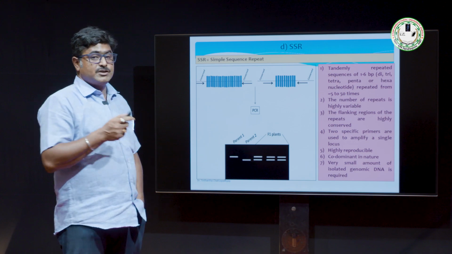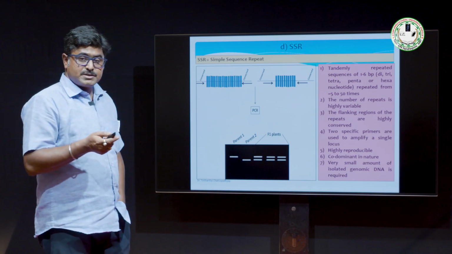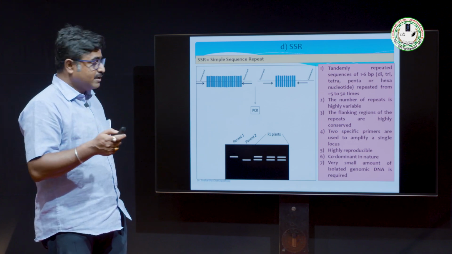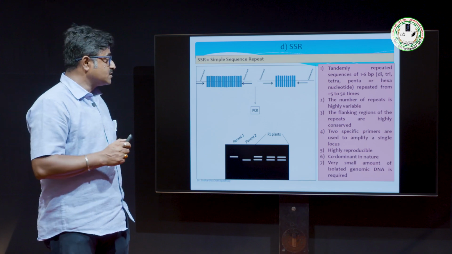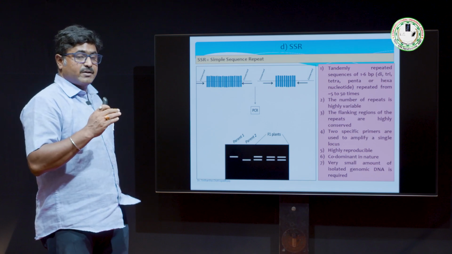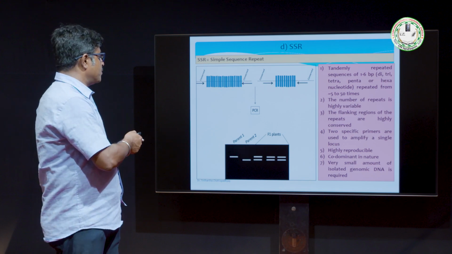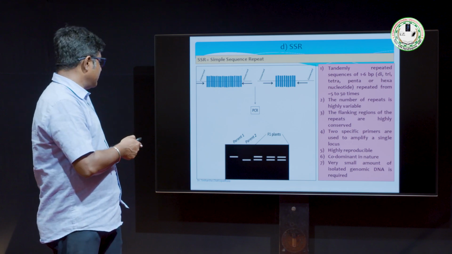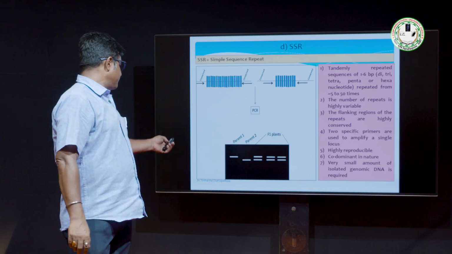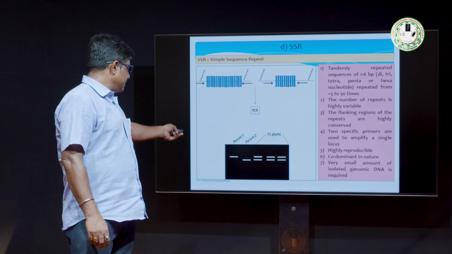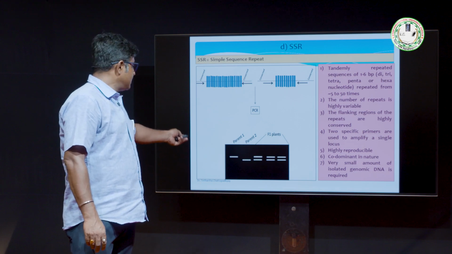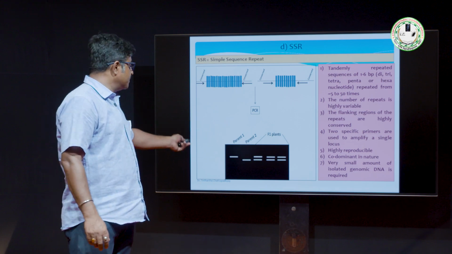Here you can see we are using two long primers. We can have a high annealing temperature, so there will be very little chance of non-specific binding of the primers. So it's highly reproducible and it is perfectly codominant in nature. Here you can see in parent 1 we had a bigger band, in parent 2 we had a smaller band, and in F1 plants we had both the bands.